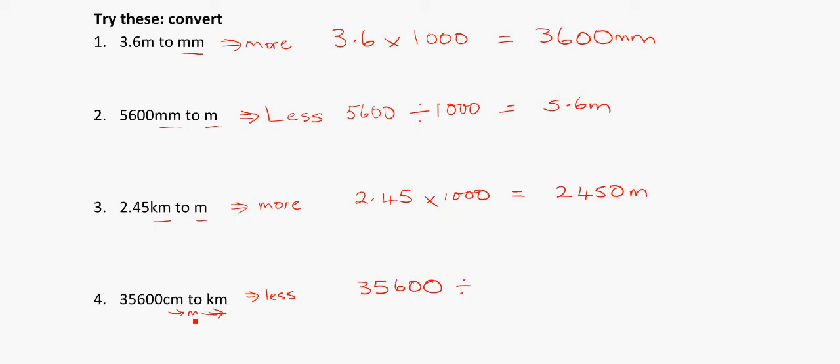To change centimeters to meters, you divide by 100, and then meters to kilometers, divide by another 1,000. And moving the decimal point, there's 100, and 1, 2, 3, and there it goes in here. So it's 0.356 kilometers.